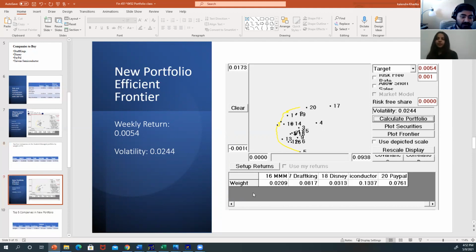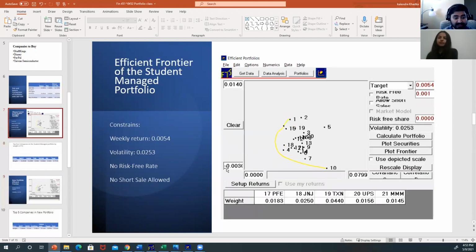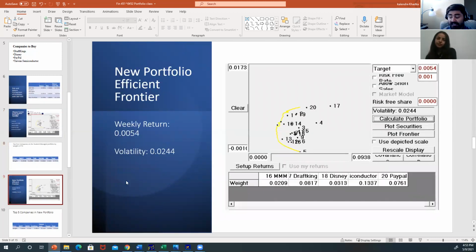And as we see, the volatility in this case is 2.44%, which is lower than the volatility we found on our student managed portfolio. So we can say here that for the same return, we have decreased our risk, and I think this is what our goal has to be. Either we have to increase our return for the same risk, or we have to decrease our risk for the same return.